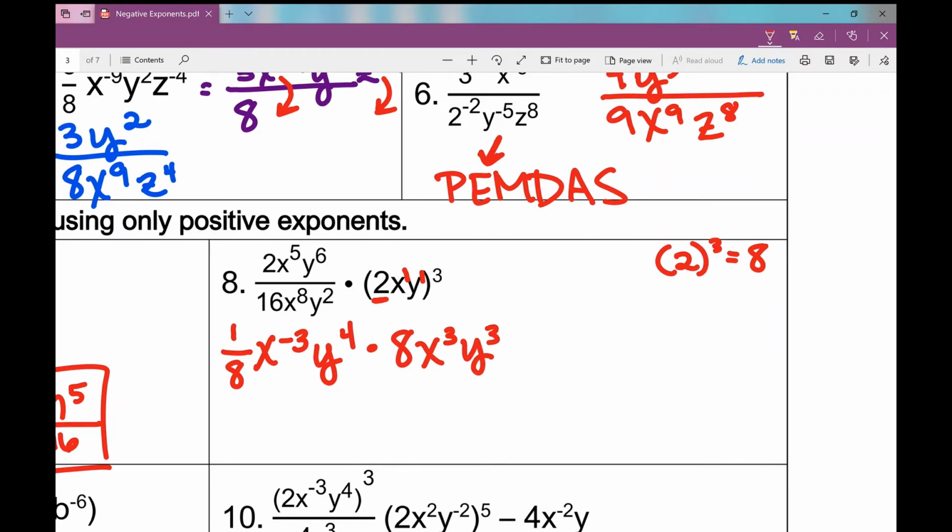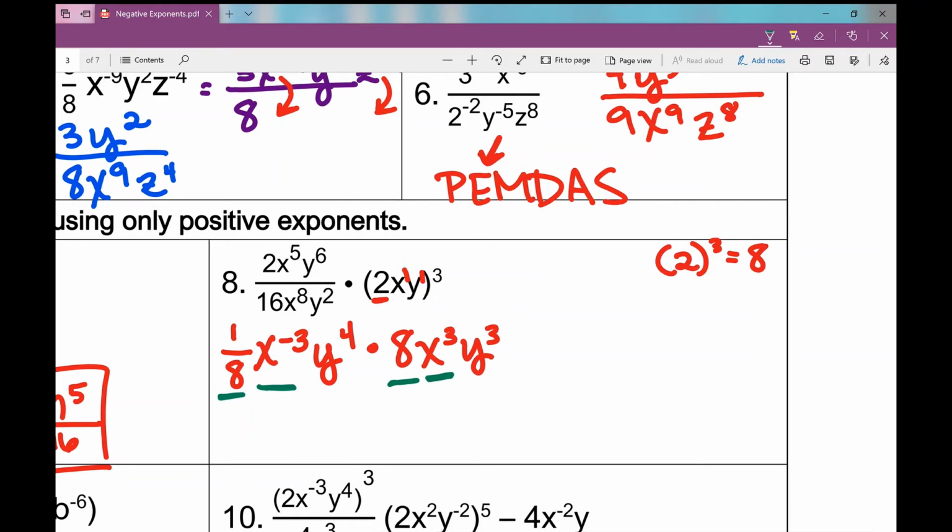And now we're multiplying, so what can we use? The product rule. Numbers, then variables. So the first thing I'm going to do is 1/8 times 8, which is 1. And I can write that down, but I don't have to. If you want to, you absolutely can. I don't really like to, so I'm not going to. Then one variable at a time.